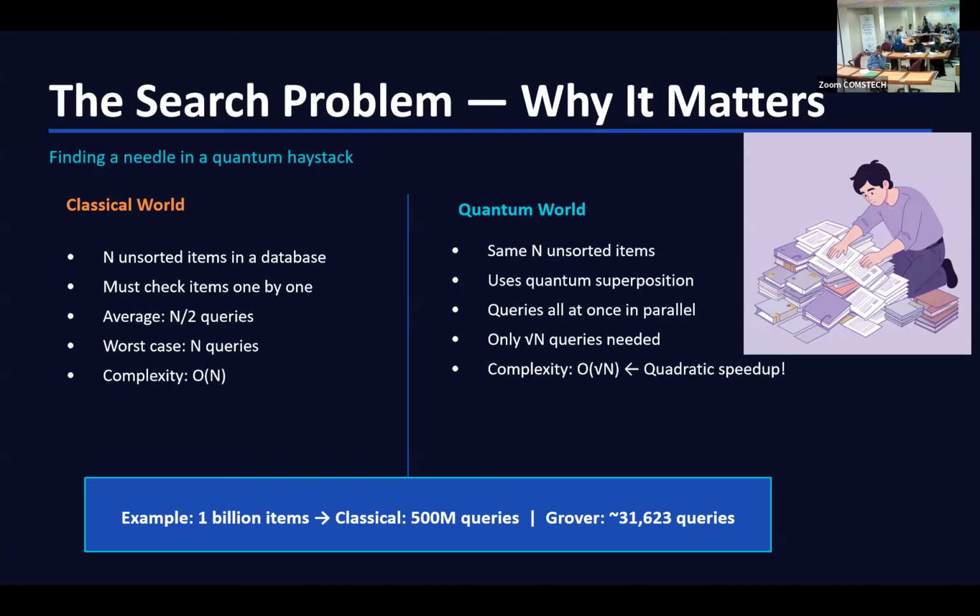For example, if we have a billion items and we want to search them classically, we will need at least 500 million queries. But with Grover's algorithm, which is a quantum algorithm, we will find it in around square root of n queries.